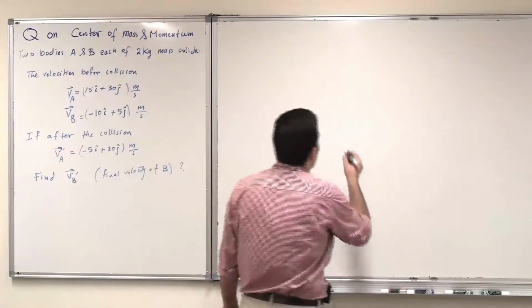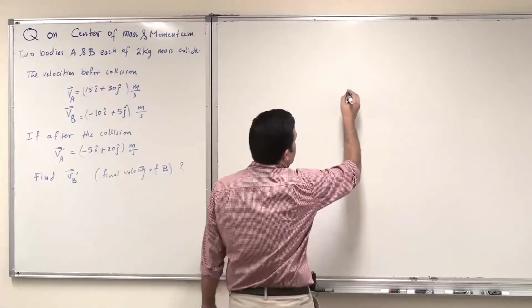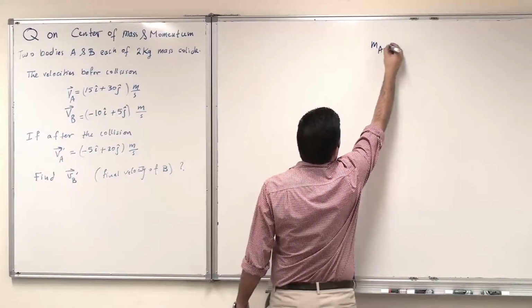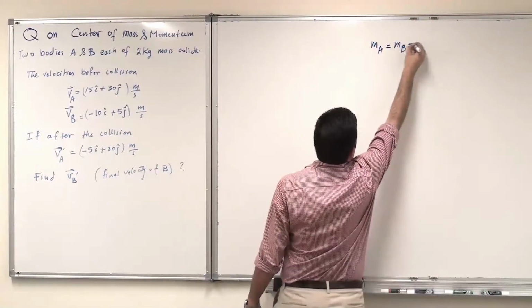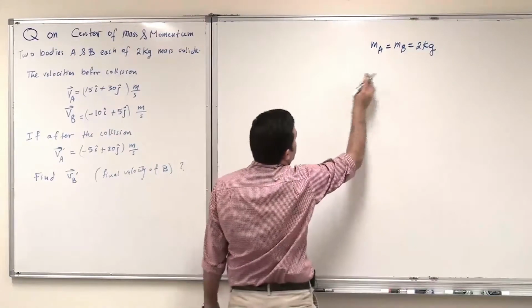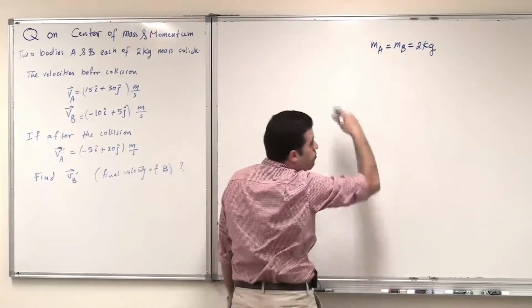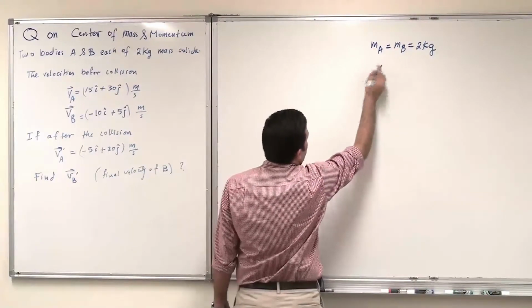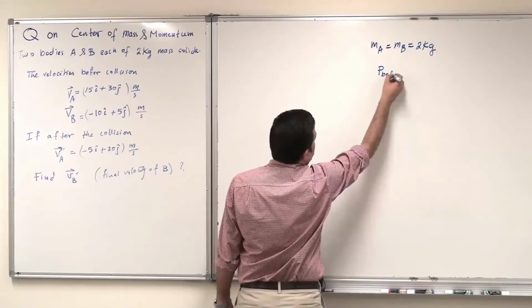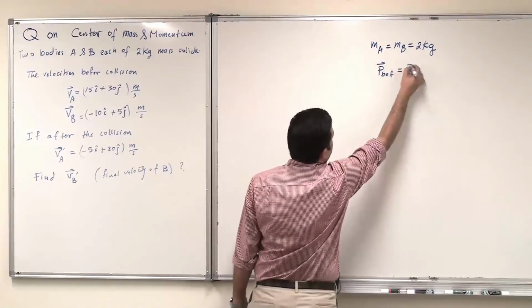So this is basically a classical question on the momentum. So we have two masses, MA equals MB, which is 2 kilograms, and we want to find the final velocity of B after collision, which means according to the conservation of momentum, P before should equal P after.